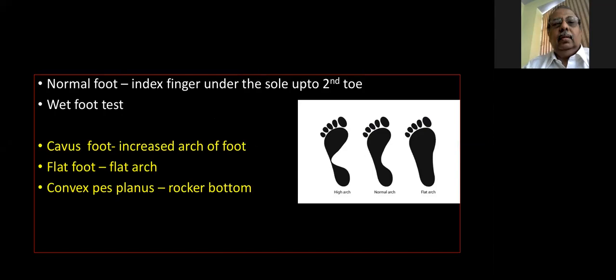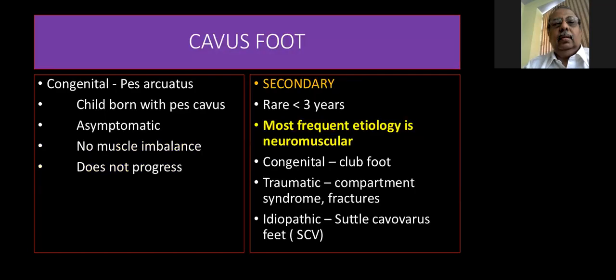If you are able to put the finger to the other side, then you call it a cavus foot. So cavus foot is increased arch, flat foot is flat arch, and rocker bottom foot is the opposite deformity, that is a convex deformity on the undersurface of the foot. These are the three deformities that occur on the sole of the foot.